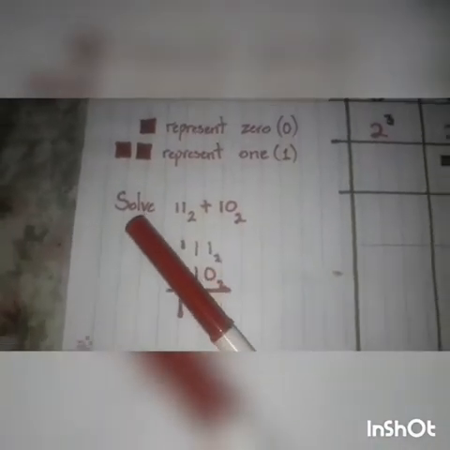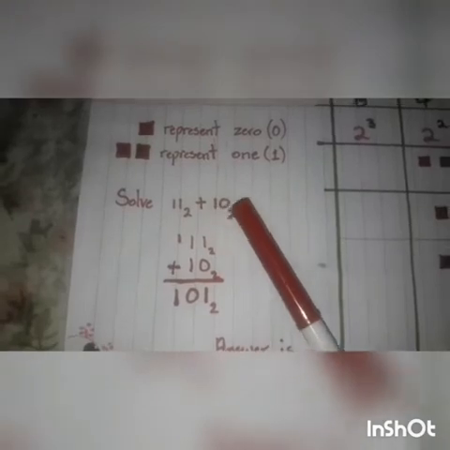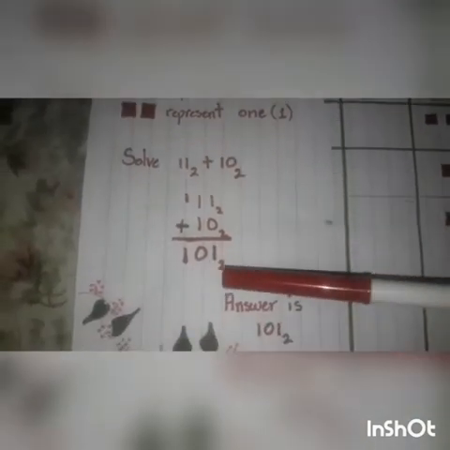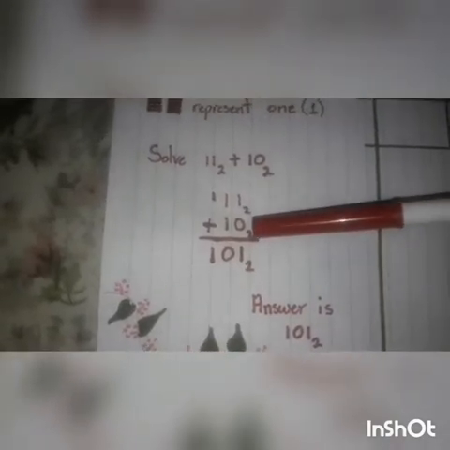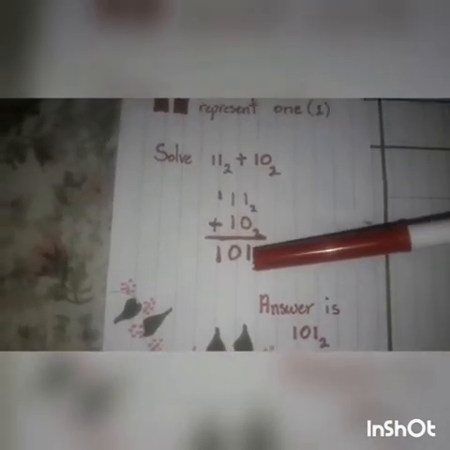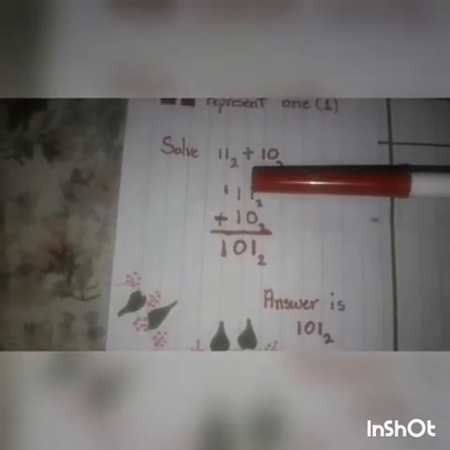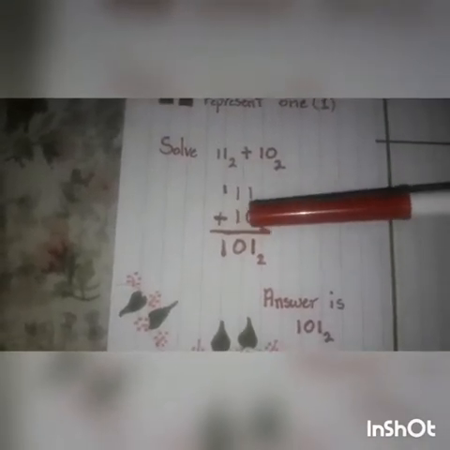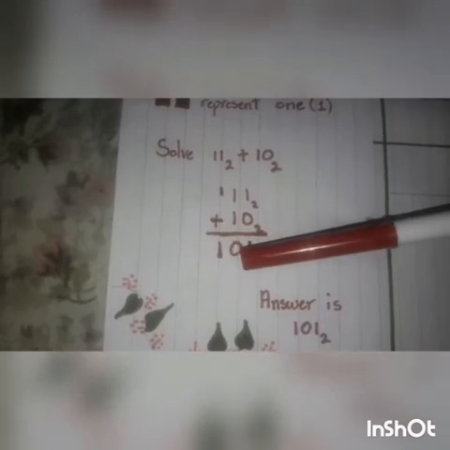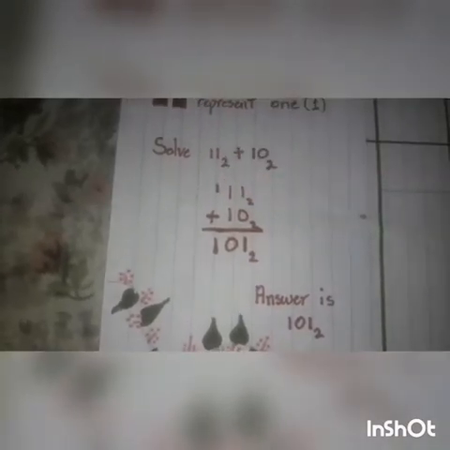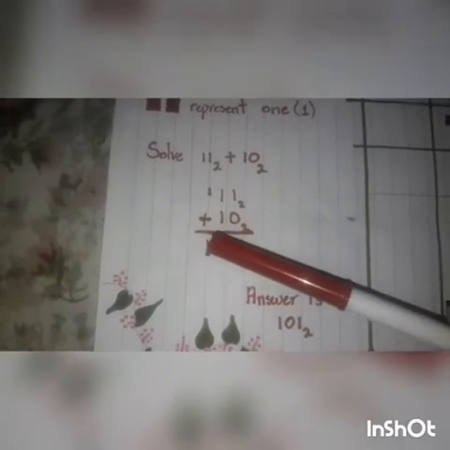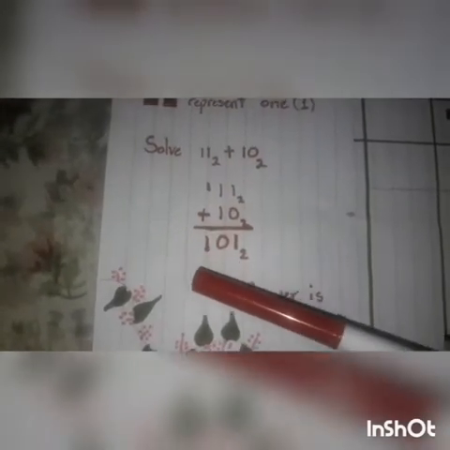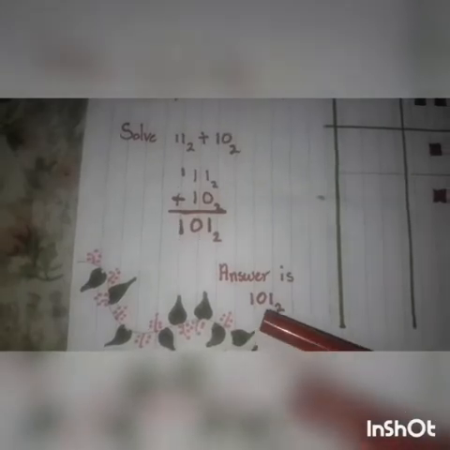Here it says to solve 11 plus 10. We already found the answer, so we're going to go through it step by step. First we add 1 plus 0, and that equals 1. Next we add 1 plus 1, and that equals 0, and we carry the 1. So 1 plus 0 equals 1. So our answer is 101.